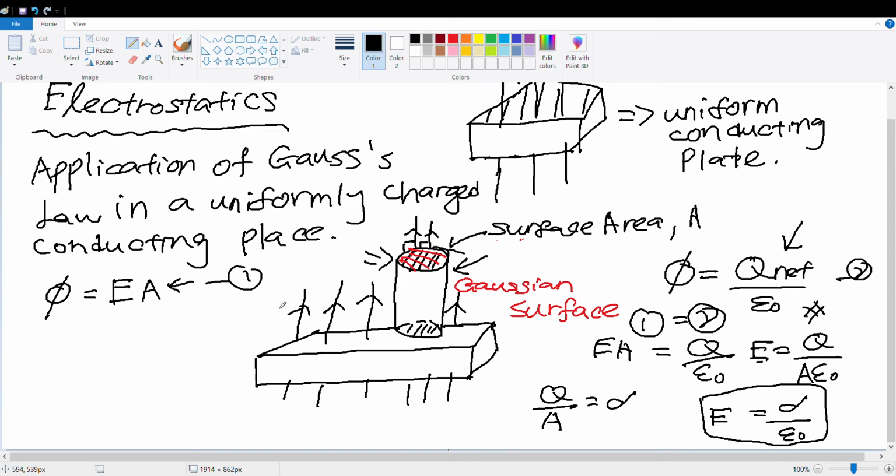Is there any shape that is suitable besides the cylinder? I think the cubic shape is also suitable.